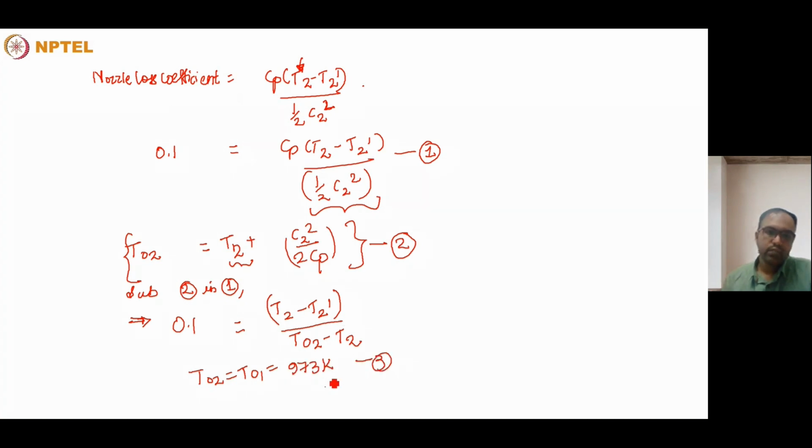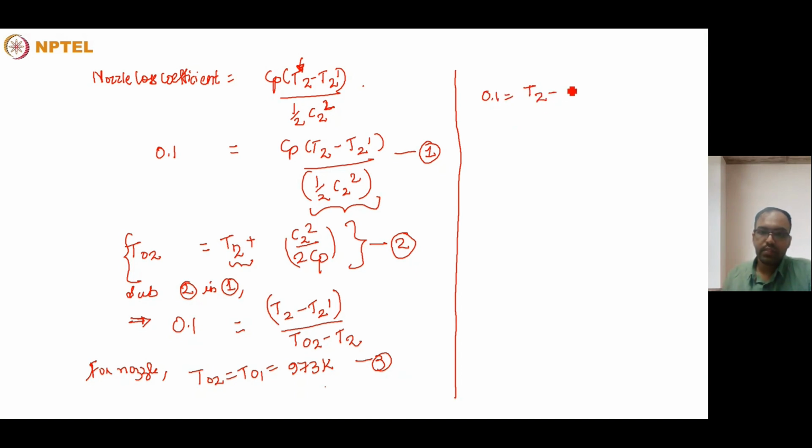So substituting this value into the equation, we'll get 0.1 is equal to (T2 minus T2 dash) divided by (T02 minus T2).